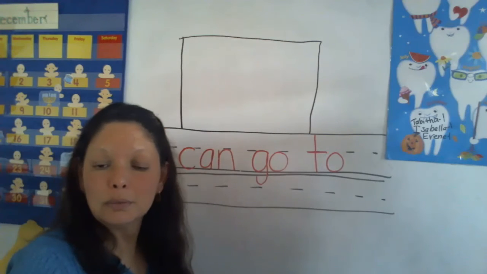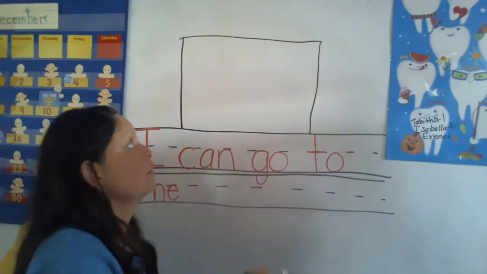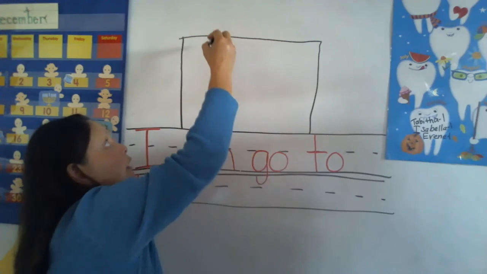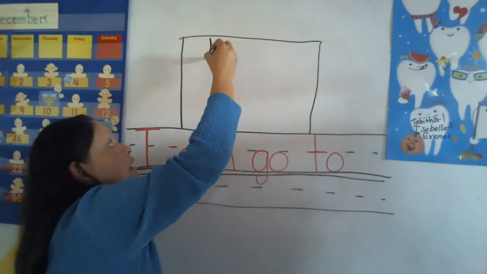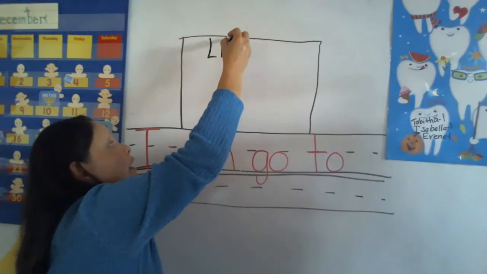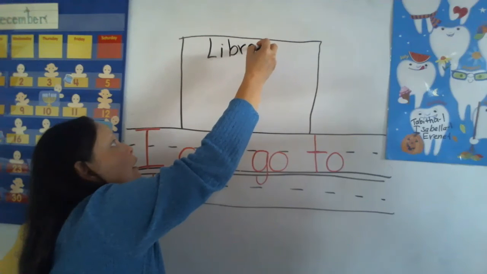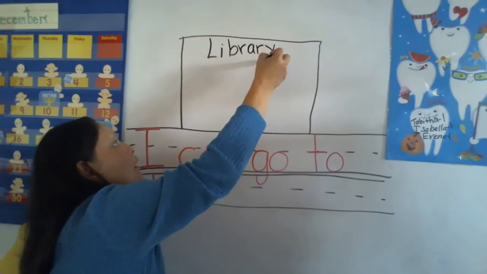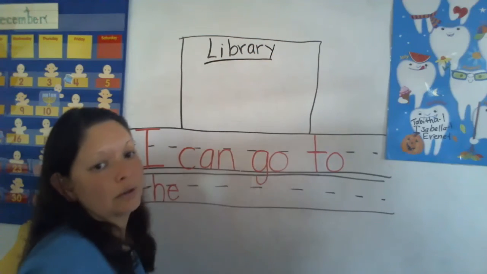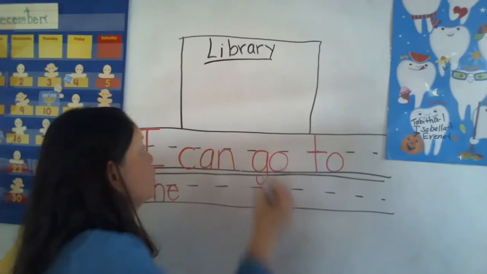Any public place will usually have a title outside. They'll have a sign that says library. Sometimes it'll say Los Angeles County Library.